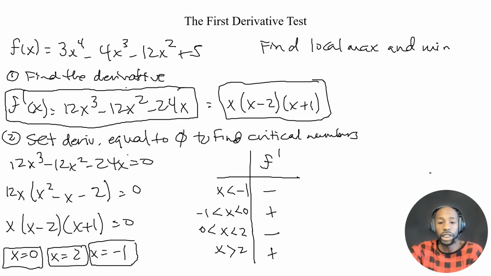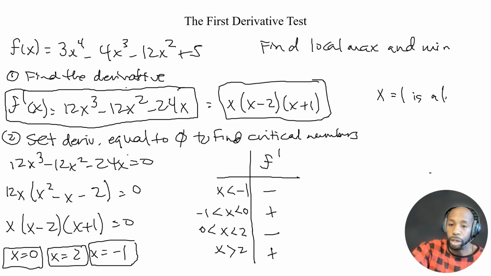Now we see negative and positive on either side of -1. So you've got a negative slope and then it goes to a positive slope. So that means x equals -1 is a local minimum.